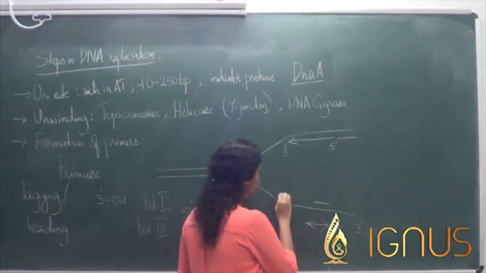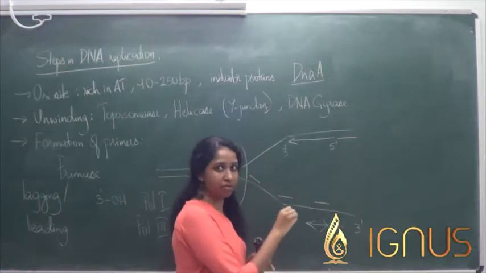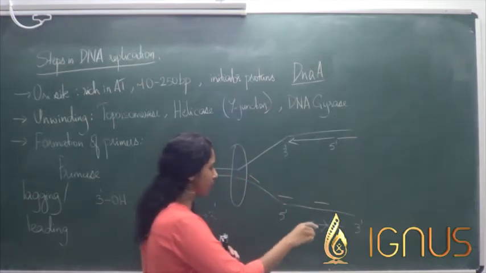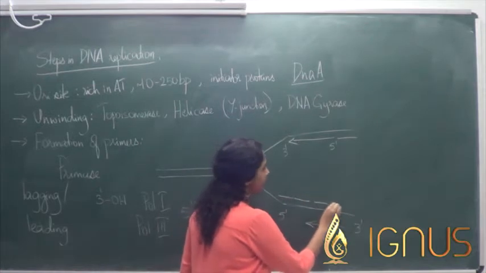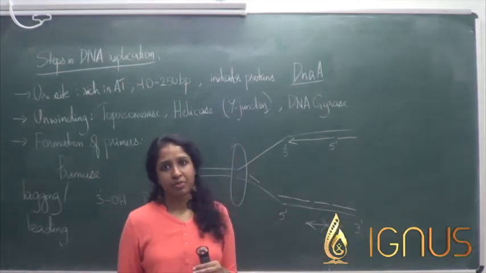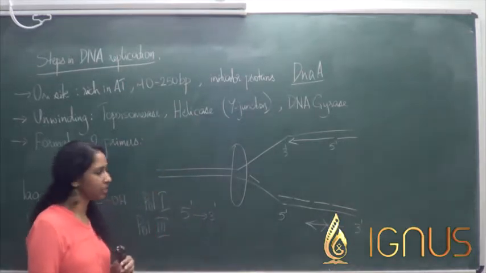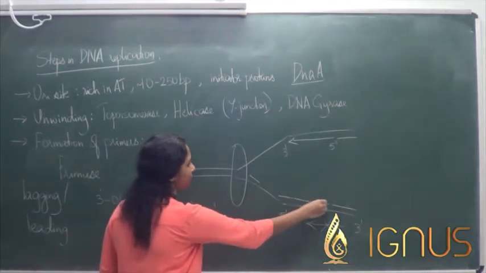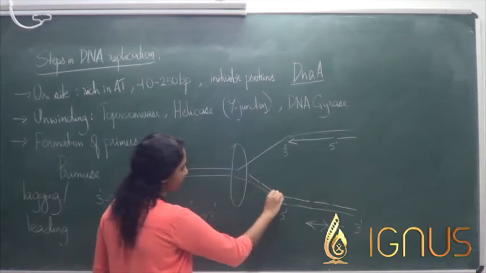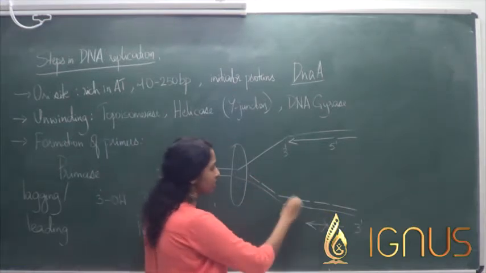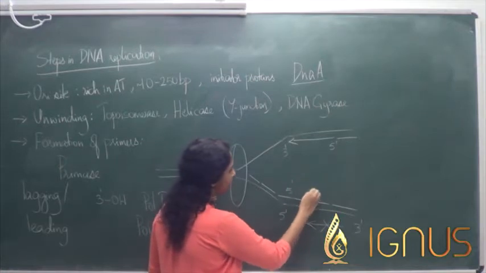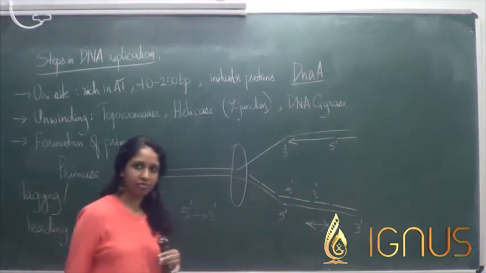So here the primer has been synthesized by primase at different intervals, and then the space between them will be filled up with polymerase 1, which is going to fill up the space between the two different primers, and this synthesis will of course occur in the 5' to 3' direction.